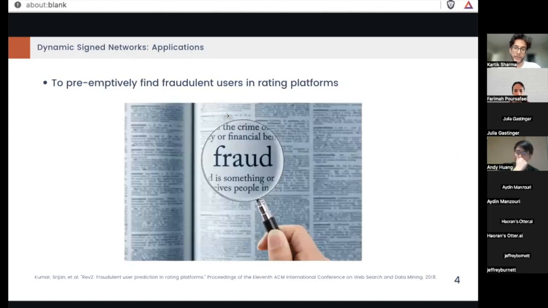Another application is to preemptively find fraudulent users in rating platforms, as fraud detection is a field in itself. In rating platforms we have signed relationships between users, and we would like to find which user is fraudulent.